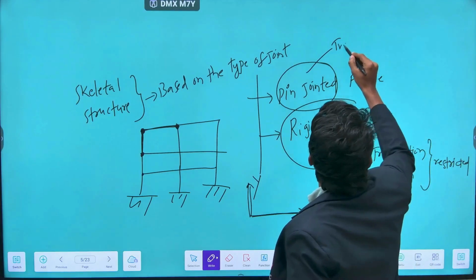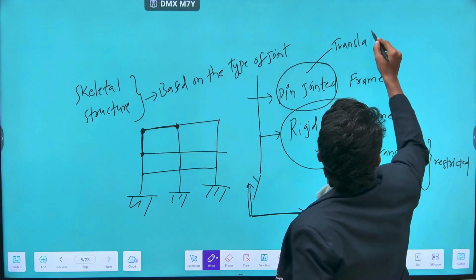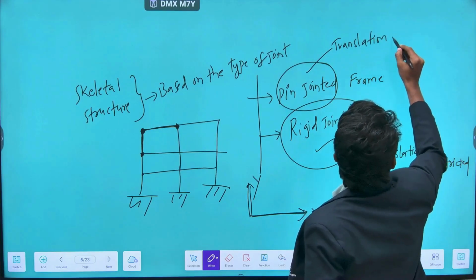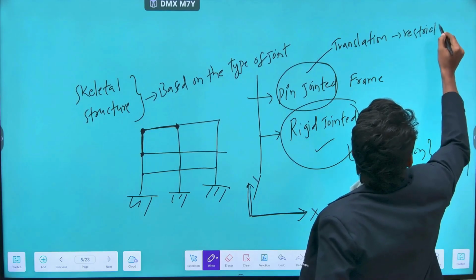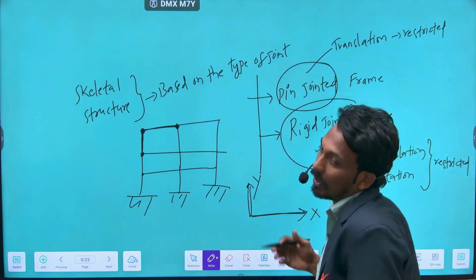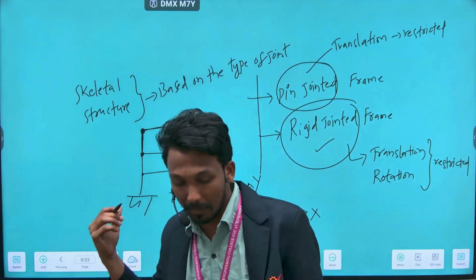Here, only translation is restricted, or sometimes we can call it resistance or restrainment also.